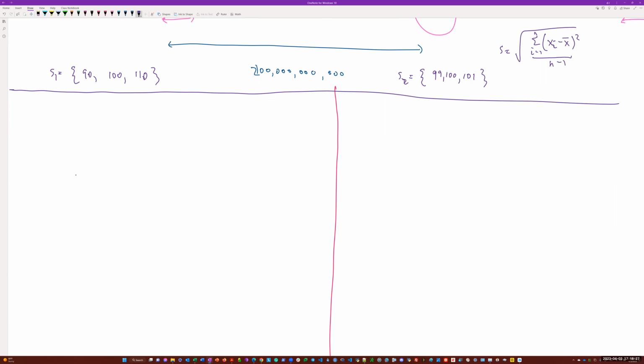Let's just see if we remember, what does x bar mean again? Because x bar is in the formula, so if we don't know what that is, it's going to be pretty hard to do the formula. What does x bar mean?